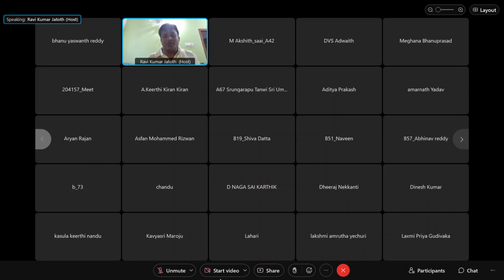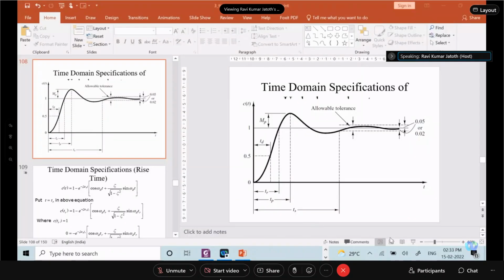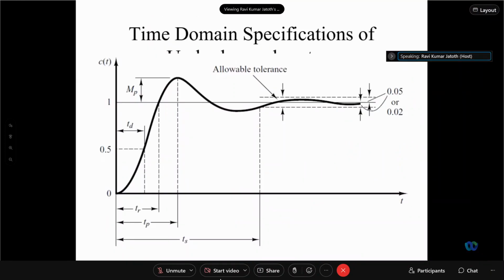From the responses we have seen, for a good system, how should the transient be? How should the rise time be? Rise time should be less or more? A good system should exhibit rise time less or more? Less. Yeah. So a system with minimum rise time is a good system. Correct? It is responding within no time to the input, no?